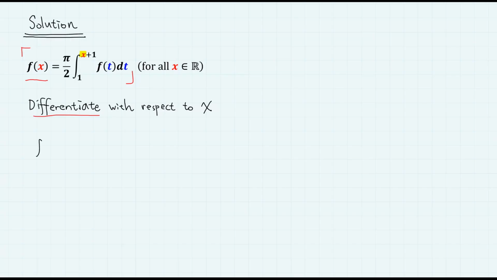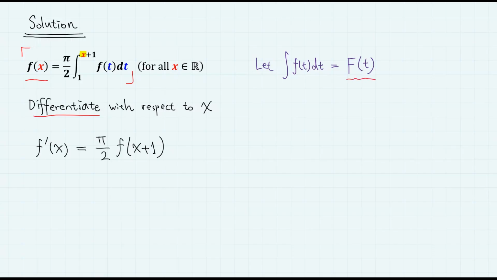The left-hand side is f prime of x, the derivative of f of x. And if you apply the fundamental theorem of calculus, you obtain pi over 2 times just f of x plus 1. If you have trouble understanding this, then just let capital F of t be one of the antiderivatives of small f of t.